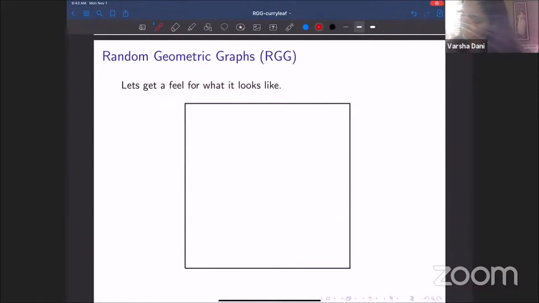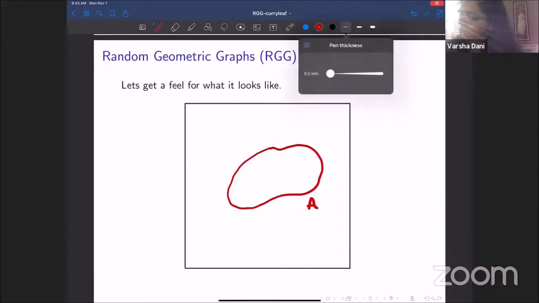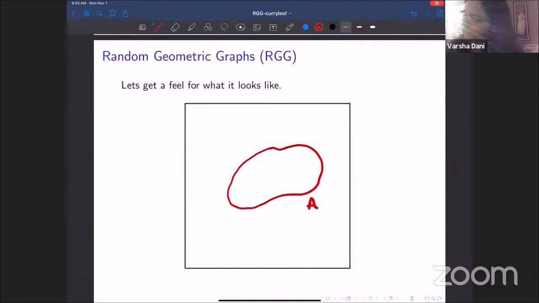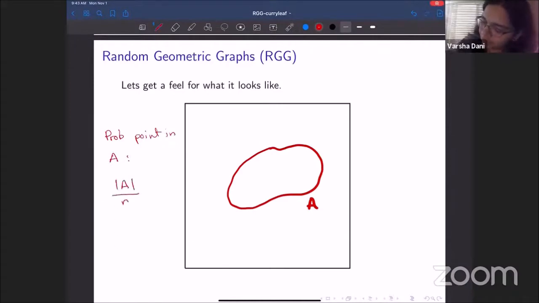Okay, so here's the thing. If I have some set A in here, then what is the probability that a uniformly randomly sampled point is in this set? Well, it's the area of A over n, right?